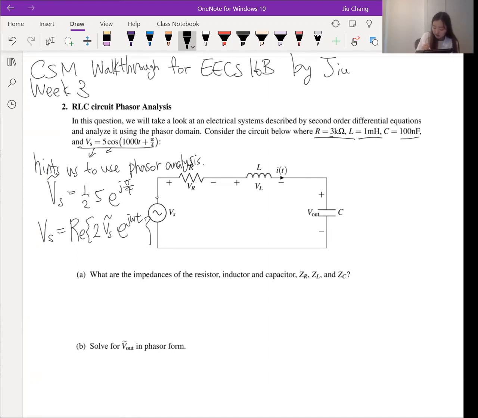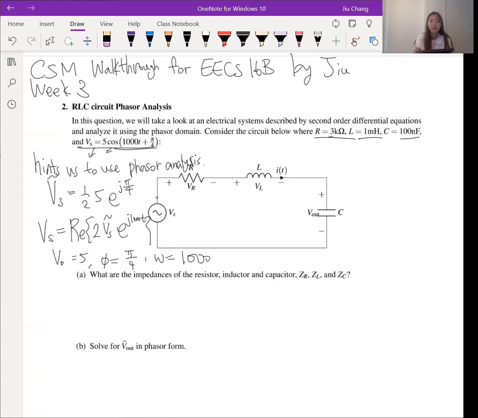Again, putting the information from the given into here, we know that our phase is equal to pi/4, V naught is equal to 5, and our frequency is equal to 1,000. So we put 1,000 in here. Okay, this is what we got.